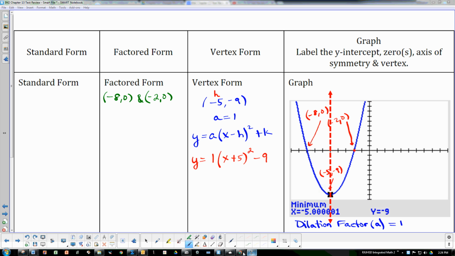So you could think of those, I know in my class we use p and q, you don't have to, but we have y is equal to a times x minus p times x minus q, and this is going to be y is equal to, well, this is a 1, and we have x minus negative 8, so I'm going to go plus 8, and then x minus negative 2 or x plus 2. There's your factored form. Standard form, well, all you have to do is take one of these and distribute. So why don't I do this? y is equal to, I'll start with factored form.